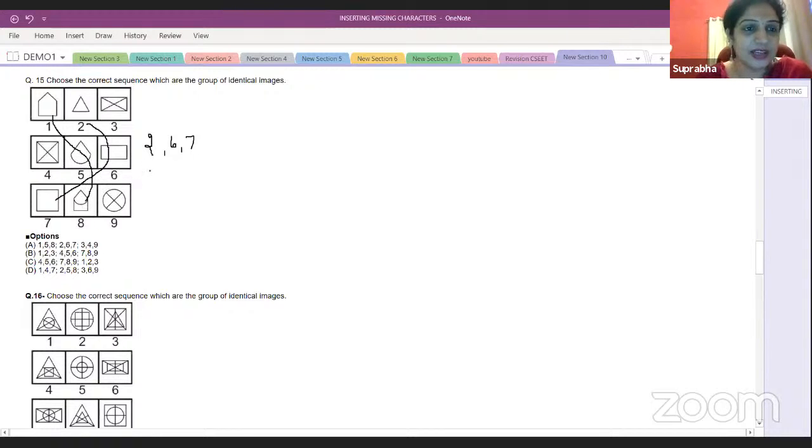These 3: 1, 5, 8. And with a cross, an inner picture and an outer picture, there are 3: that is 3, 4, and 9. So 3, 4, 9 make a pair. So which one suits this? Obviously, 8. So it is 1, 5, 8, 2, 6, 7, and 3, 4, 9.